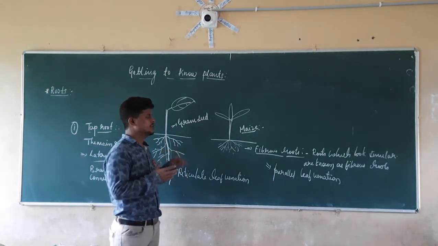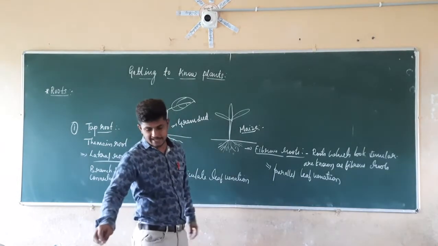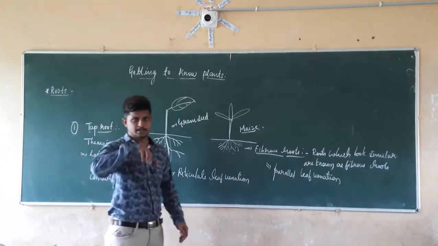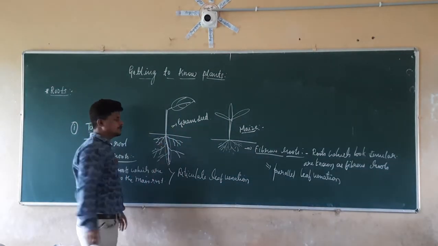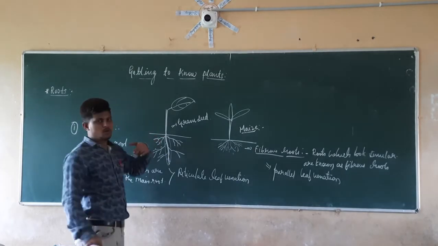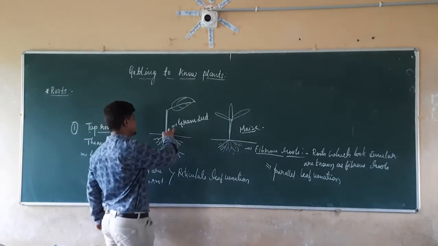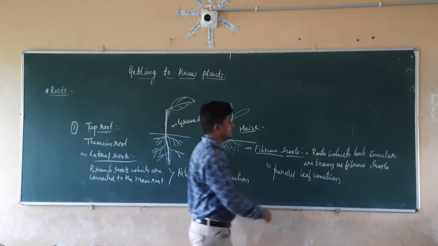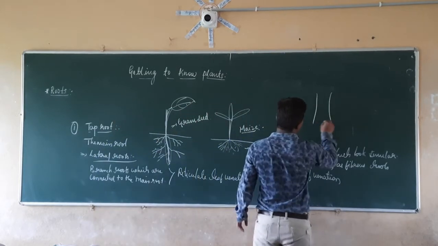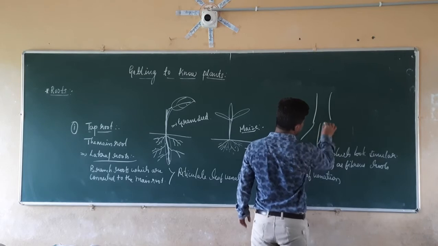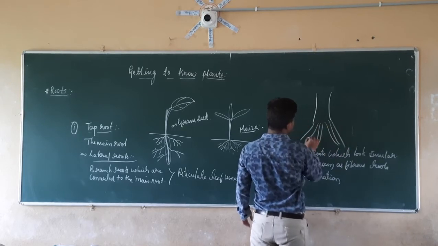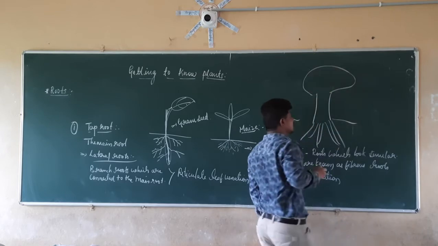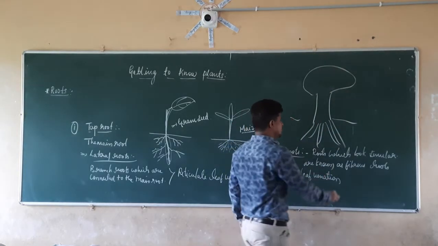So this is about the root. Again, in the same manner, we know that these roots are going to supply the minerals and water to the leaves. If you take here, this is the stem and there is the root which is present inside the soil, and here the leaves are present.